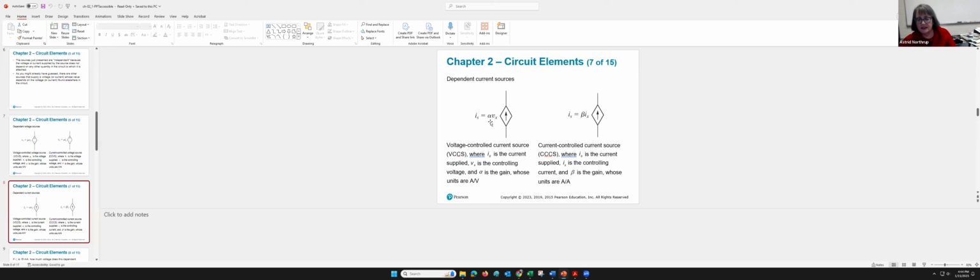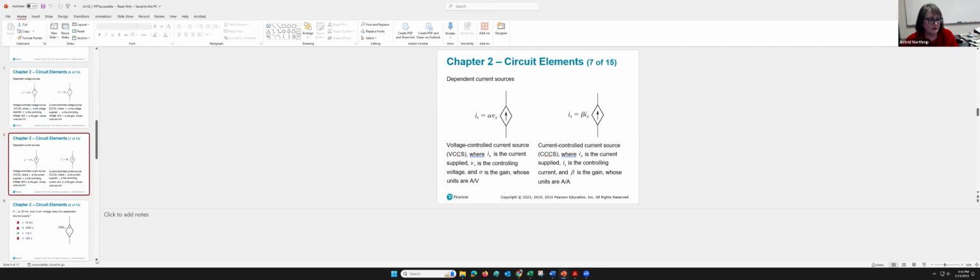So once again, alpha is going to have units of amps per volt. Over here, we have the controlling current, and some constant or so much gain that we have that's going to have a supplied current. So beta here is dimensionless. The units would be amps over amps, so it is dimensionless.